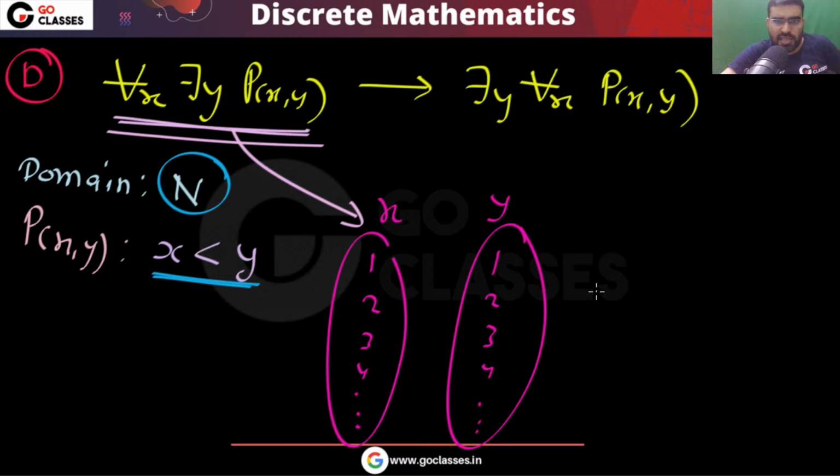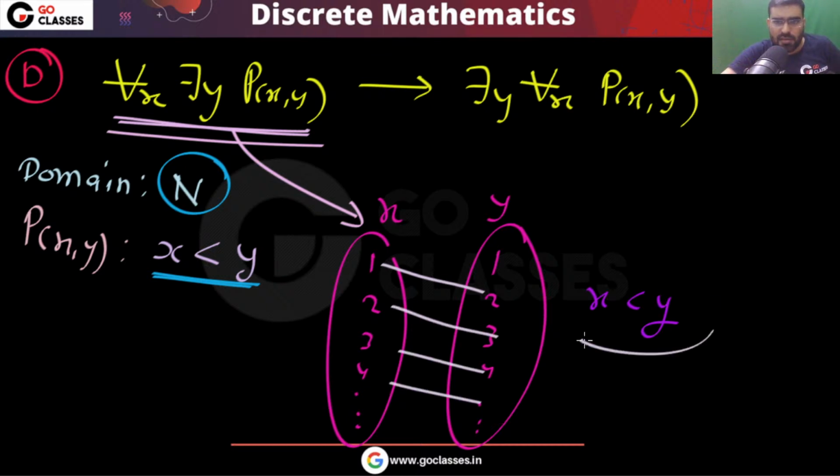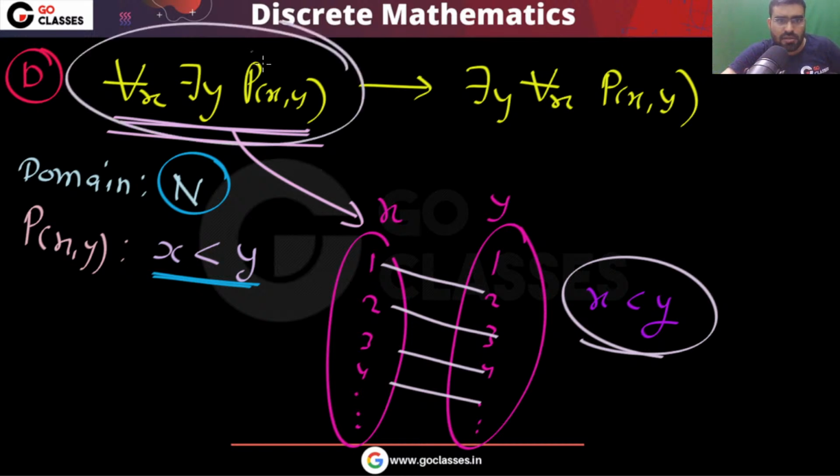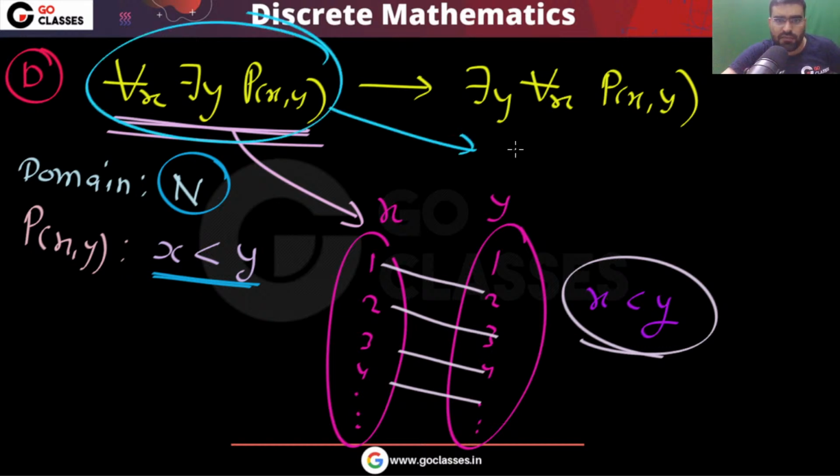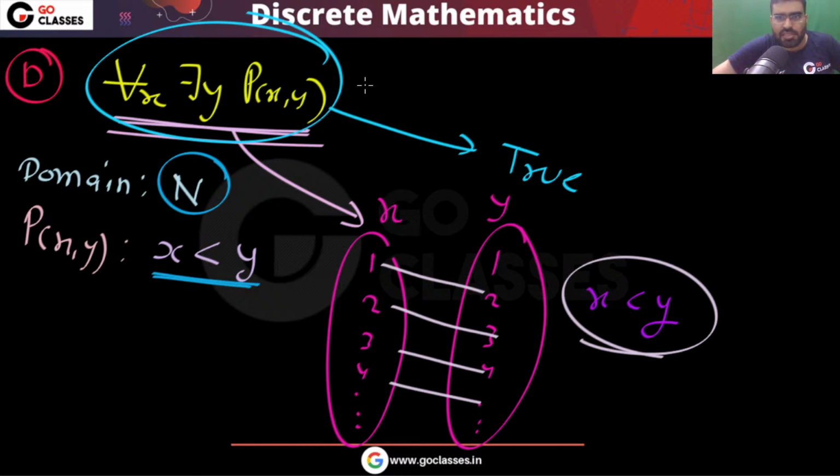Yes, for everyone there is someone such that x is less than y. So this is definitely true, correct? Do you agree that this is definitely true? Now forget about this one, forget about this side.